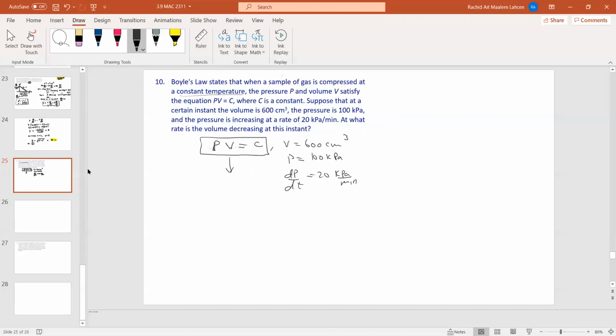So to differentiate here, we need a product rule, because P is not a multiple, right? So it's going to be P dV/dt plus V dP/dt, and here dC/dt. You see this is a constant, so it's 0.